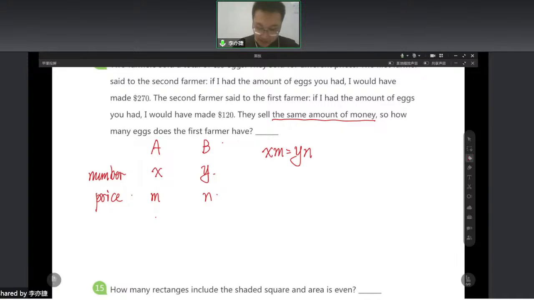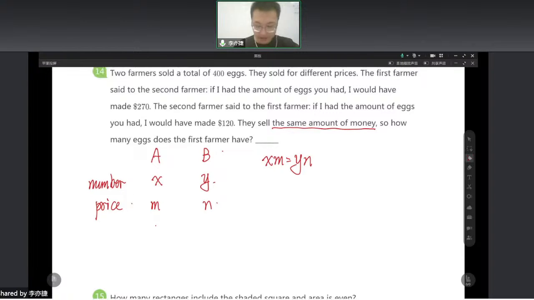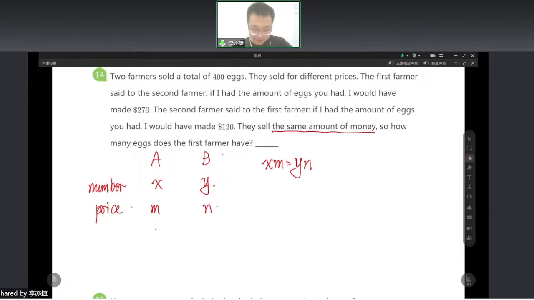A said, if I had the amount of eggs you had, which means if he used the y eggs to sell at price m, ym would equal 270. And also, if B sells the x eggs at price n, xn is only 120.